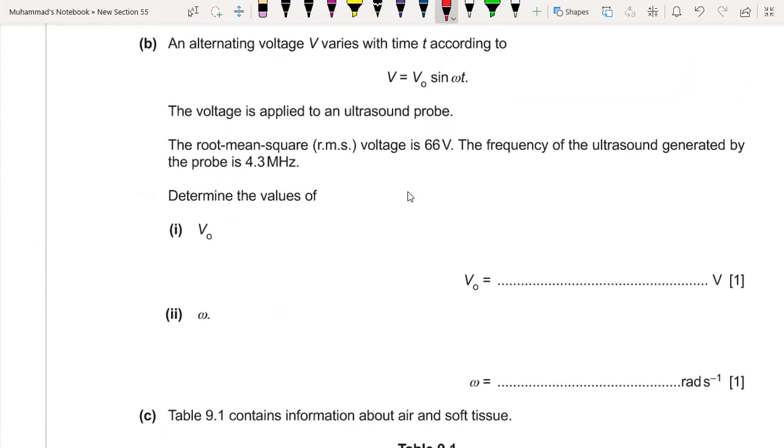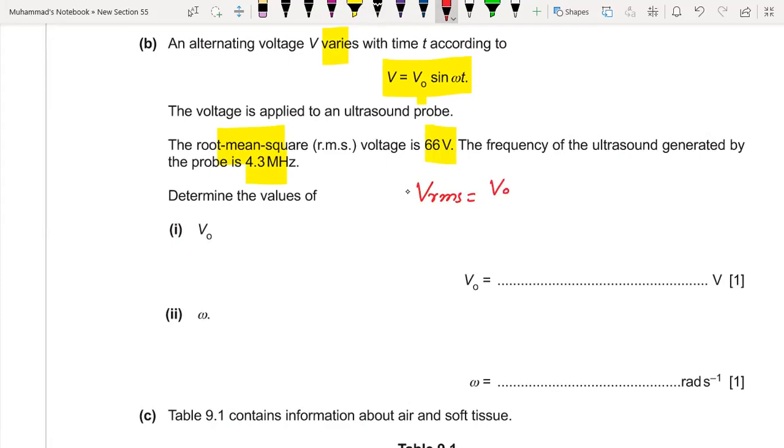An alternating voltage V varies with time t according to this formula, where V naught is peak voltage and omega is angular frequency. The root mean square value is 66 volt. The frequency of ultrasound is 4.3 megahertz. What's V naught? This is again a very straightforward question.